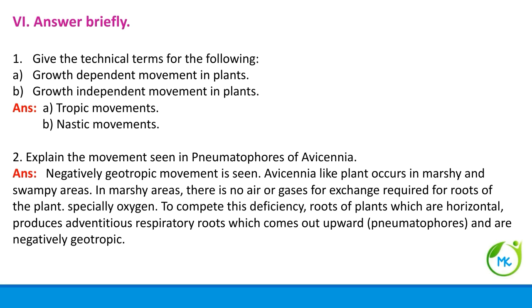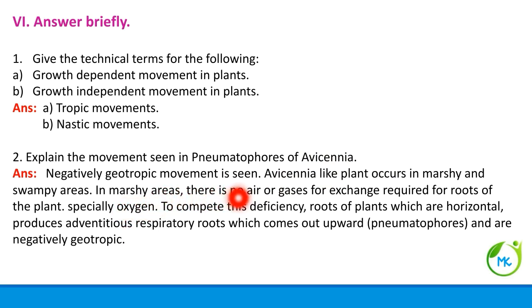In class we have learned that roots that develop in a 180 degree upright manner show negatively geotropic movement, because usually the root grows towards gravity, positively geotropic, but these grow upright, away from the soil. So what is the type of movement? Negatively geotropic movement.